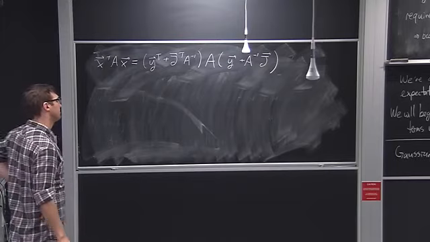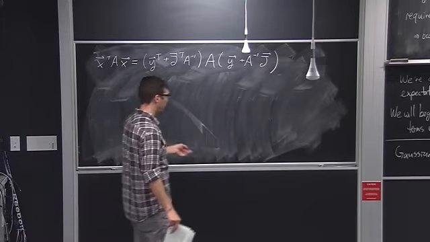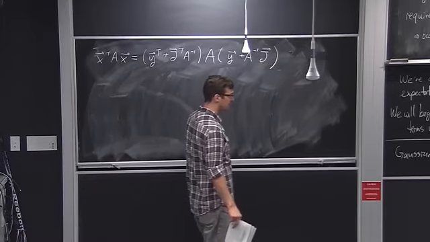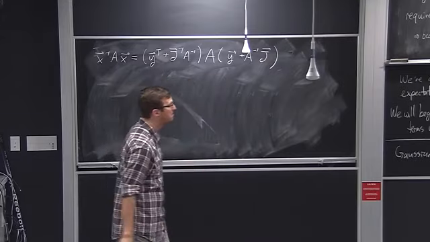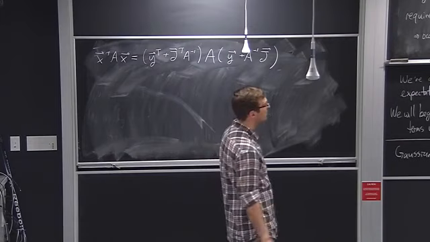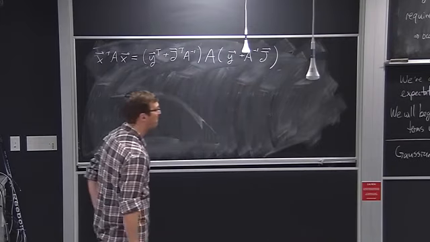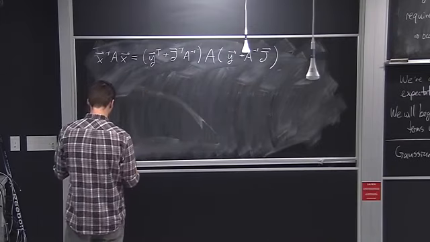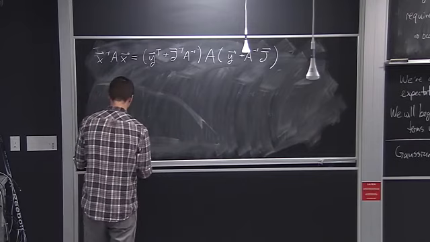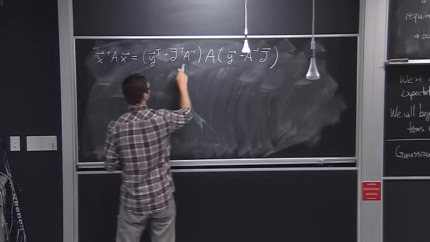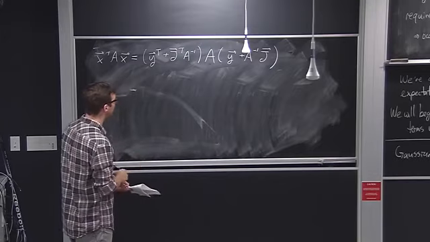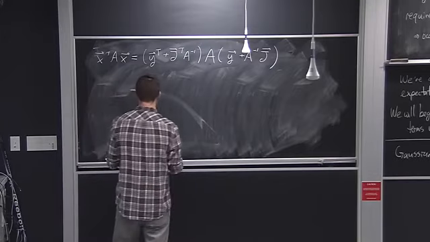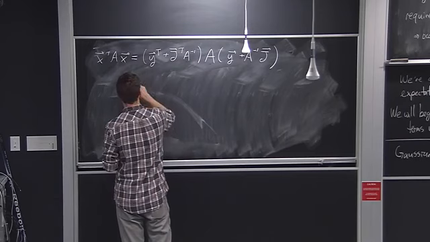Okay, so you just have to keep track of the order of these things, because they're matrices and vectors. Every time the inverse is multiplied by the matrix, you'll get the identity matrix.